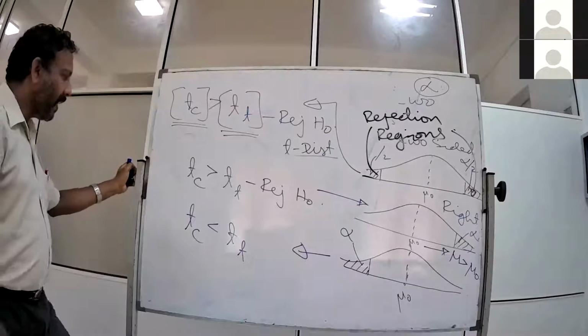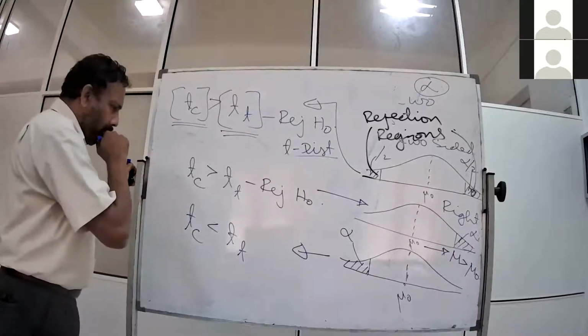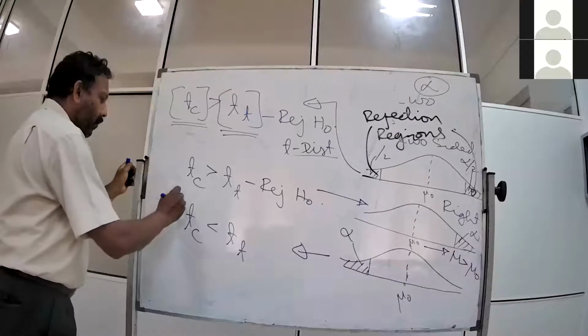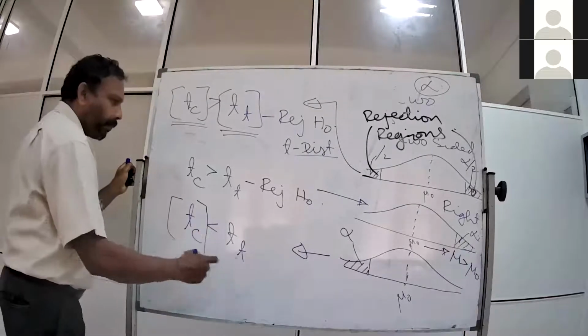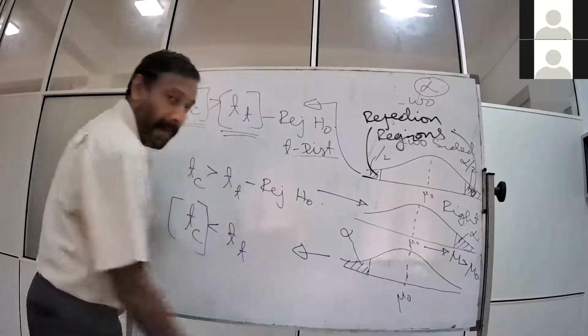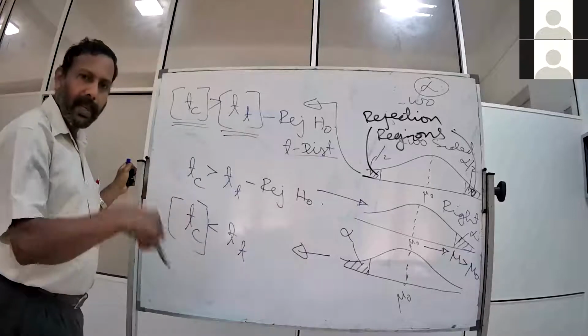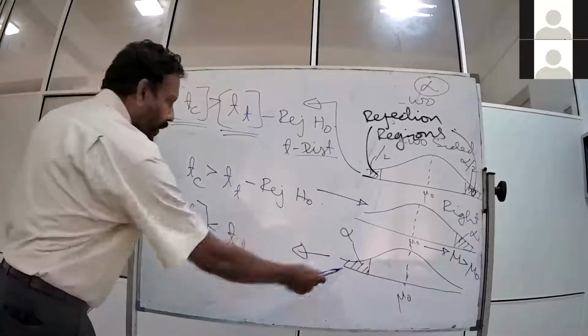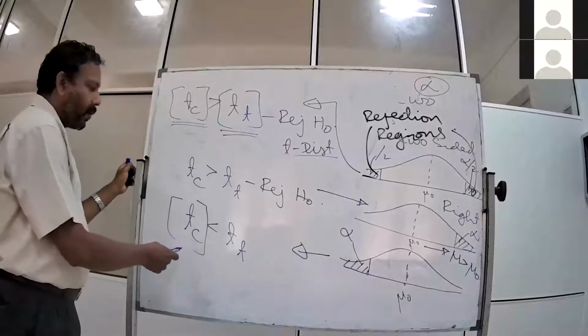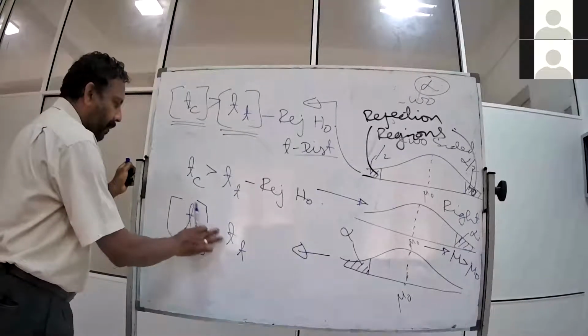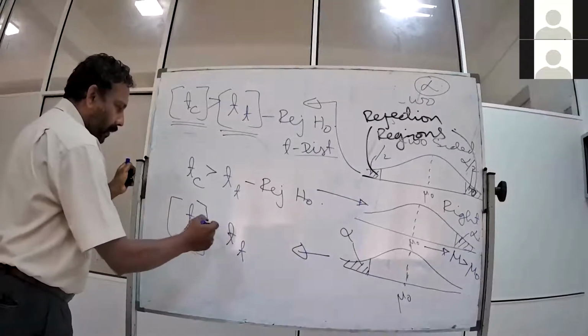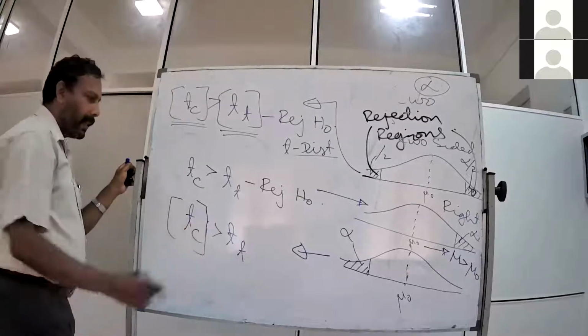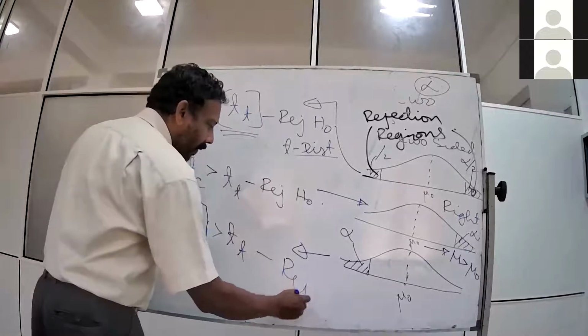Don't forget, always positive in the T table. So if the T calculated value will be a minus value, usually it will give a minus value, so if you take the absolute value and it is greater than the table value, then we will reject.